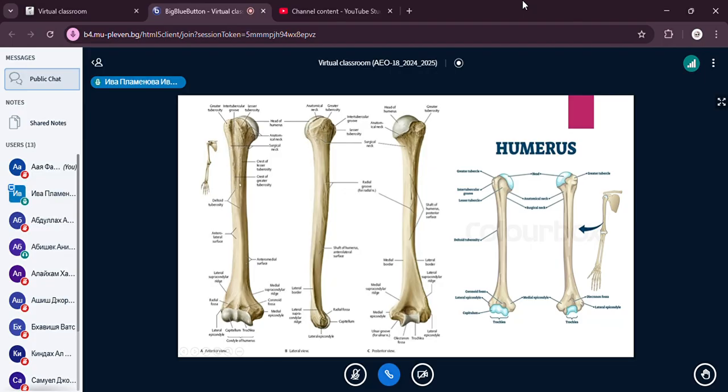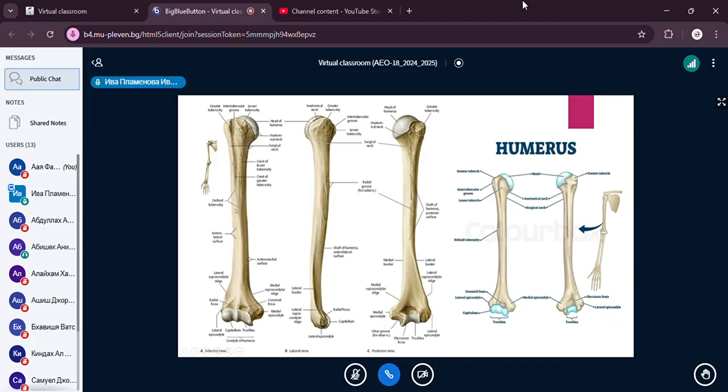This one here is crista tuberculi minoris humeri, or crest of lesser tuberosity. That's the intertubercular groove with two lips. Below the two tubercles is the surgical neck here.